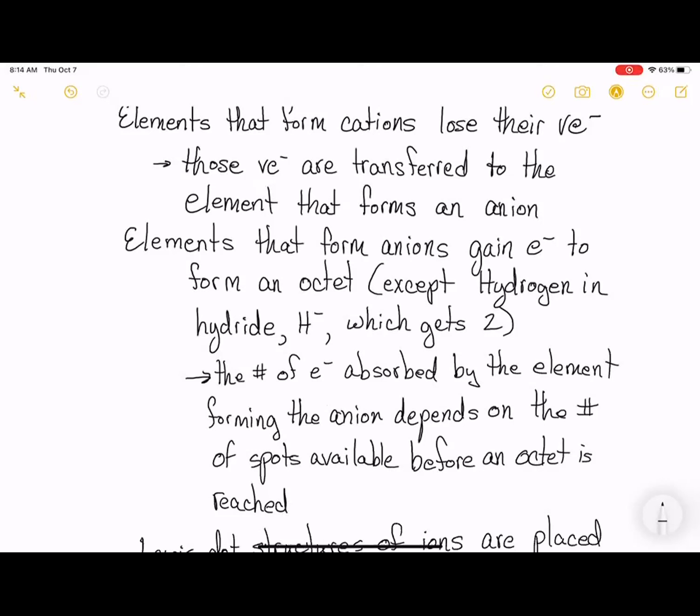So here in just a moment, we're going to go back and look at our electron dots, our Lewis dot structures for the elements. But I want to give people a minute or two to catch up on writing.